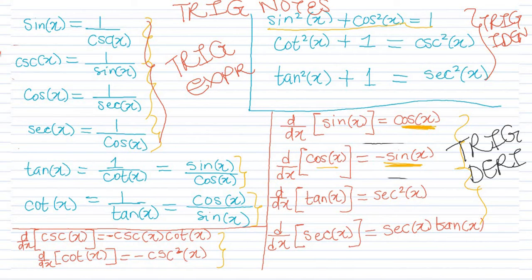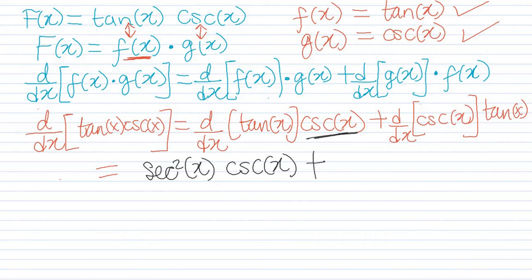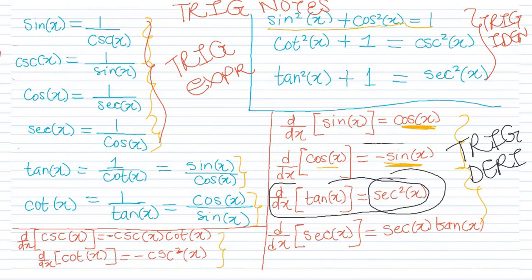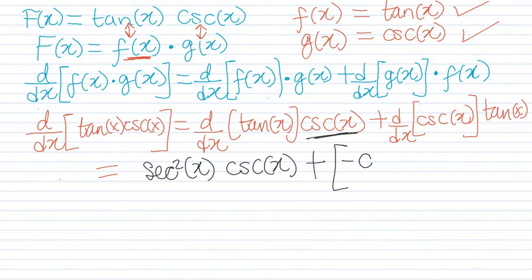It was asked, what is the derivative of tan x? The derivative of tan x is our gorgeous secant squared x. So we put that here. So we have secant squared x as the derivative of tan x multiplied by cosecant x, as that just drops down, plus what is the derivative of cosecant x? The derivative of cosecant x is negative cosecant x cotangent x, right?